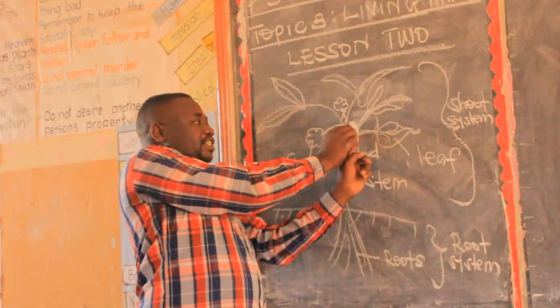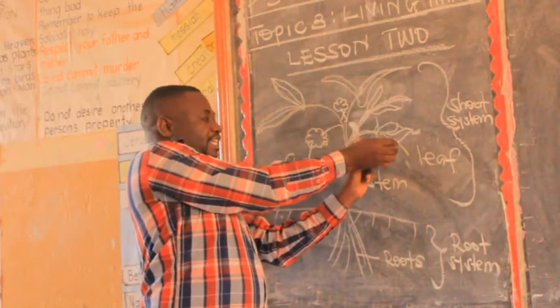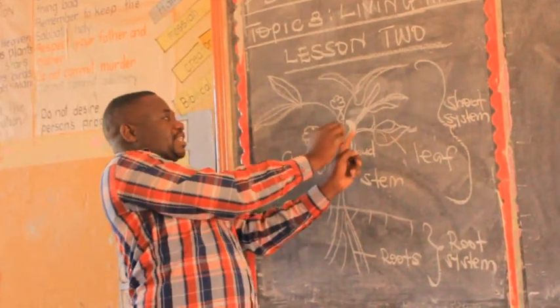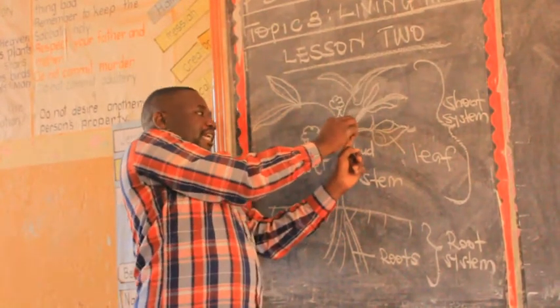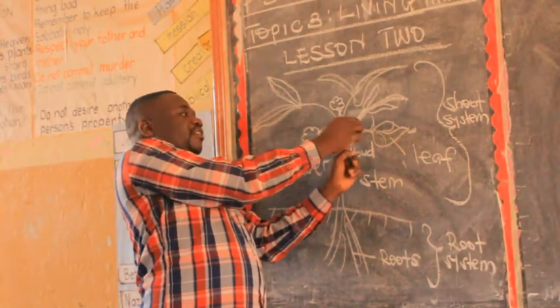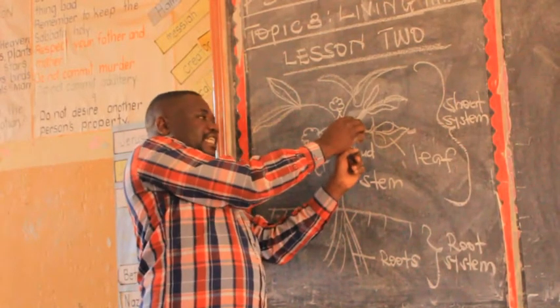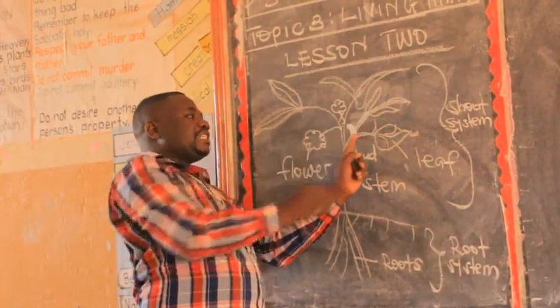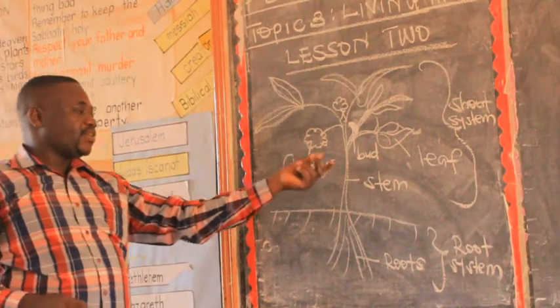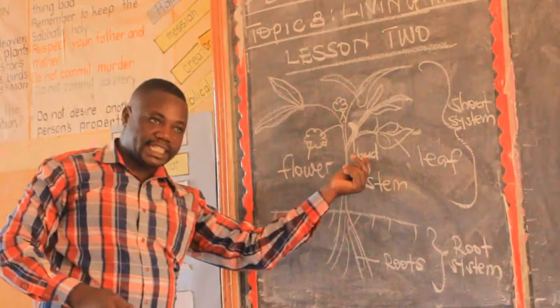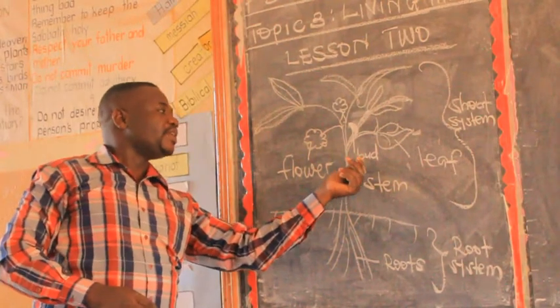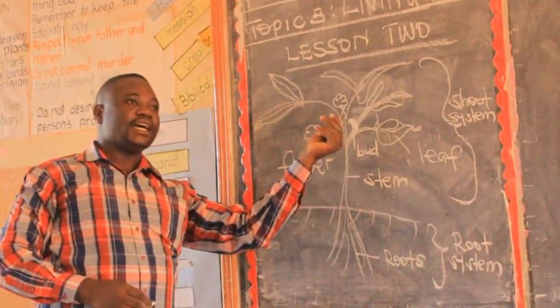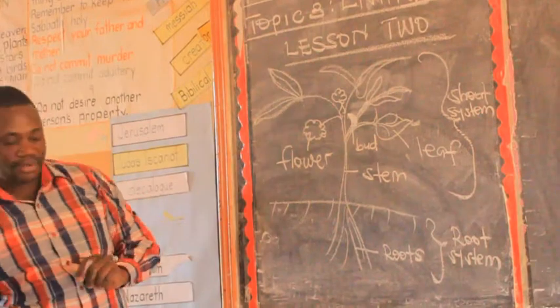There is a branch growing facing that side, and there is also another branch moving upwards. Now, the part of a plant that develops between the two branches on a plant is referred to as the bud. And this bud can also develop into another new plant. Okay, good children?